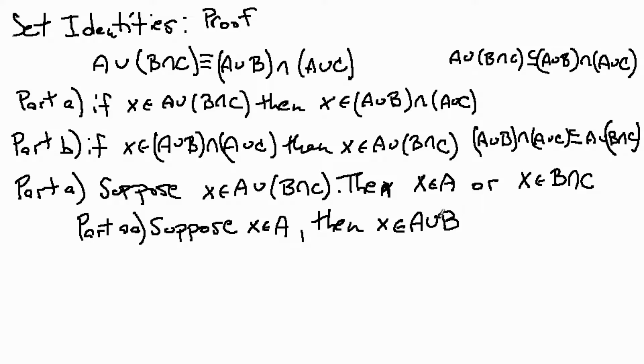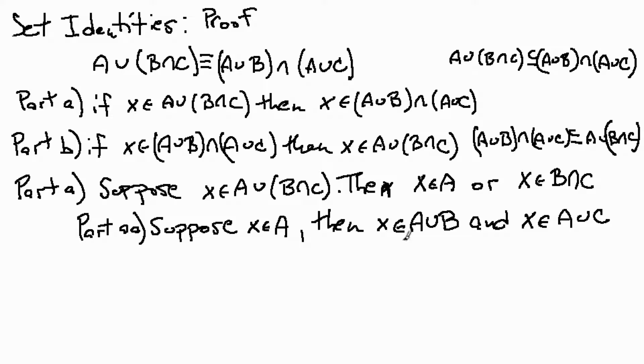But we can even say more. If X is an A, then X is not only an A union B, but then X is contained in A union C. So notice what we've said here now.